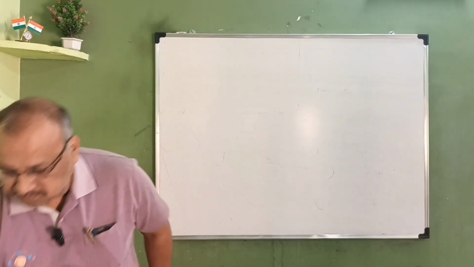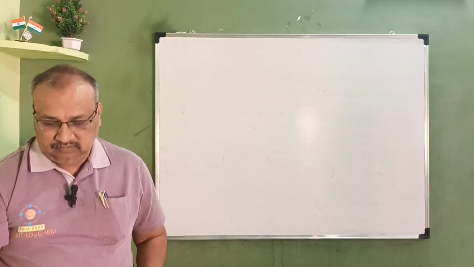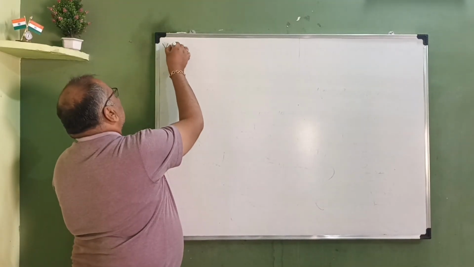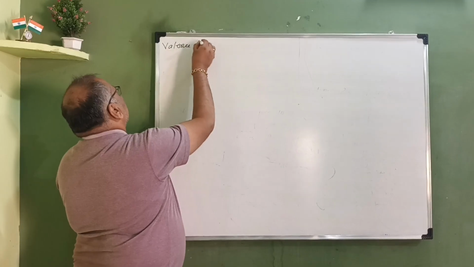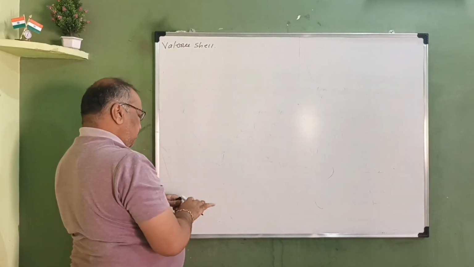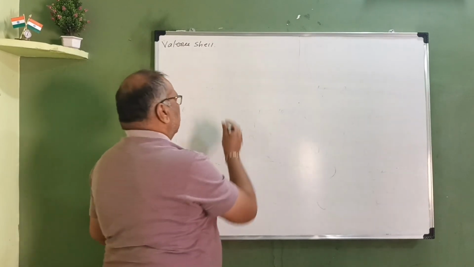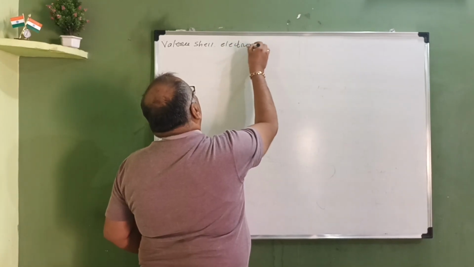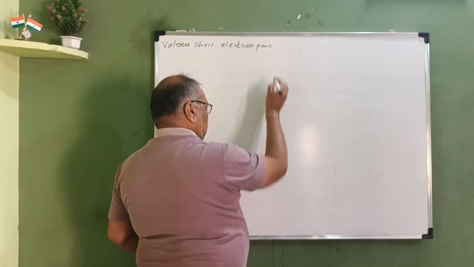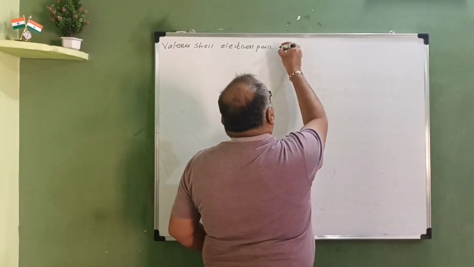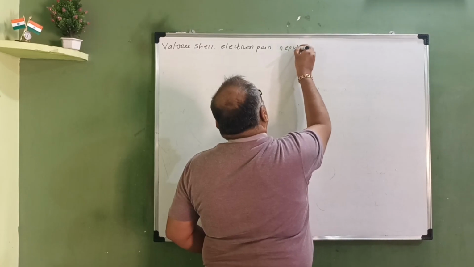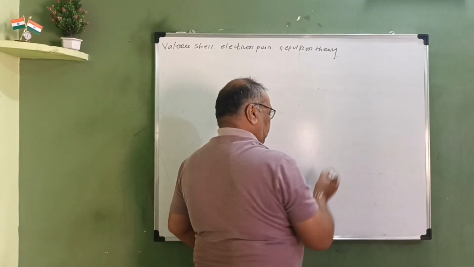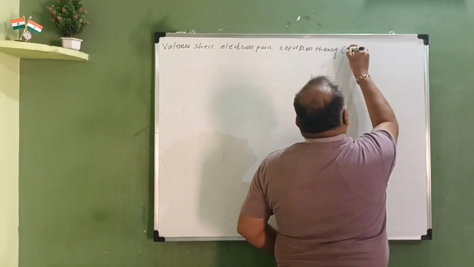Now I write down valence shell electron pair repulsion theory. This is also called the VSEPR theory.